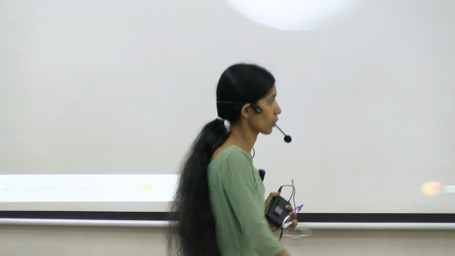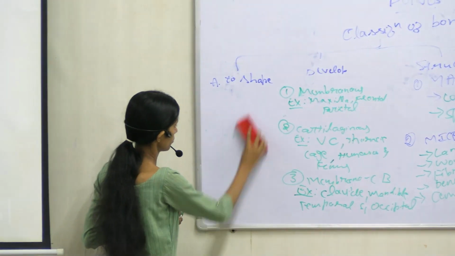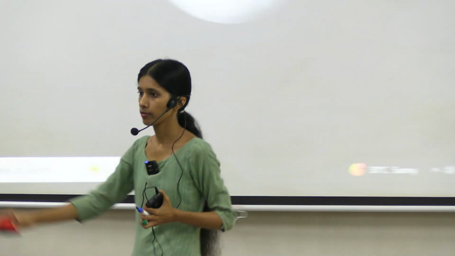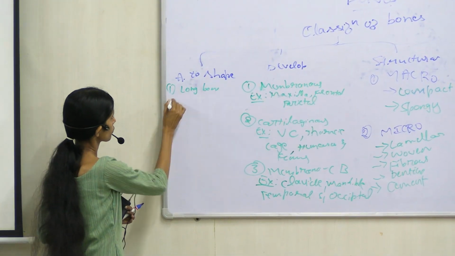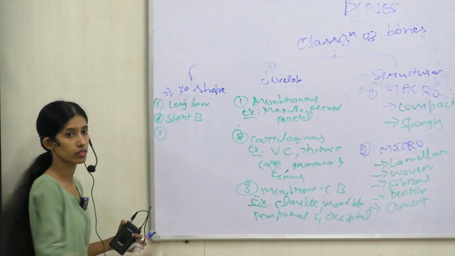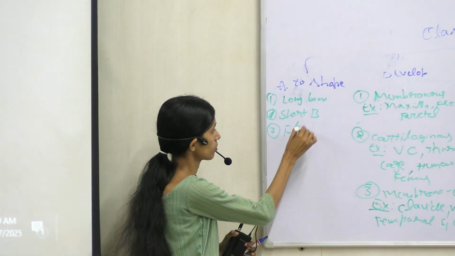According to shape, how many types are there? 3 types. What are those? Long bone, short bones, flat bones. Long bone, short bone, flat bones.